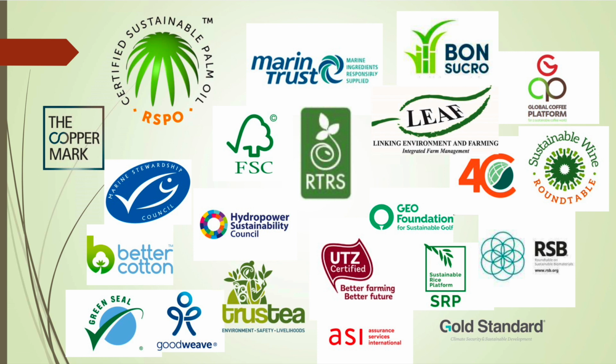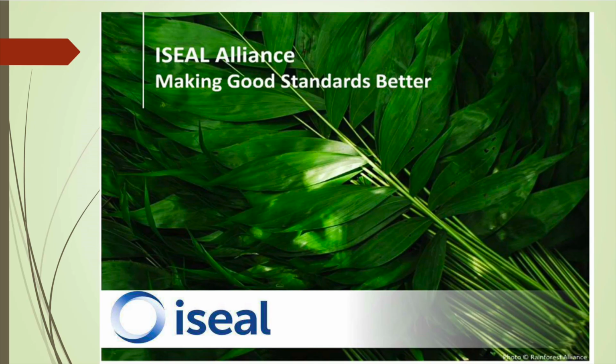These are only some examples, but there are dozens more of sustainability roundtables for commodities which are exchanged on international markets. They have an alliance, which is called ISEAL, which is a maker of standards for sustainability standards.